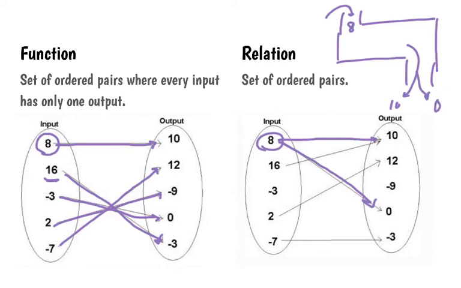Big problem. Because there are 2 outputs wanting to come out for this one input, that breaks down the machine and makes it not a function, more so just a relation. Just some ordered pairs. So that's what we're maneuvering through right now.